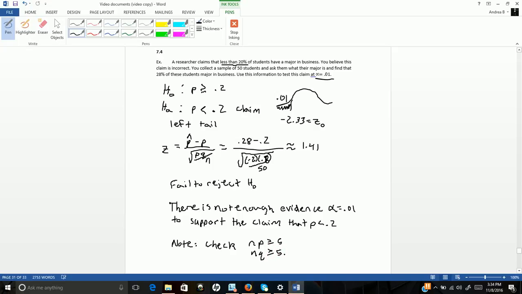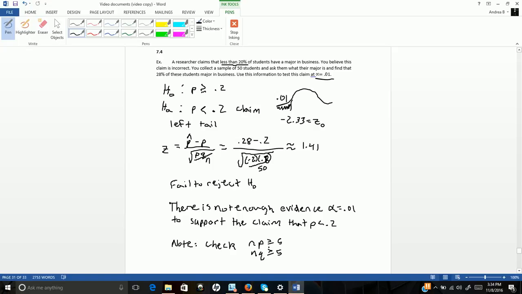Both of those have to be true. So like in this case, your p is 0.2, your n is 50. If you do 50 times 0.2, it's definitely a lot bigger than 5. And so is 50 times 0.8. Both of those were greater than or equal to 5, so that's definitely true in this case.